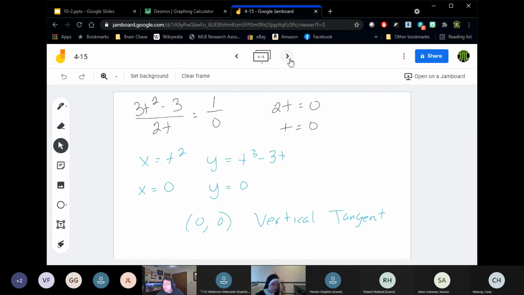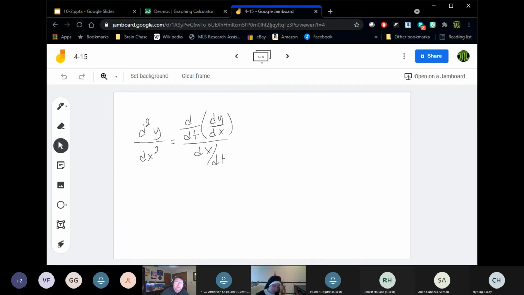All right, so my second derivative, d squared y over dx squared, is d over dt of the derivative of dy dx, so that's the derivative of what we just found, divided by the derivative of x. So if we look at this, my original function, the dy dx was 3 over 2, 1 minus 1 over t.